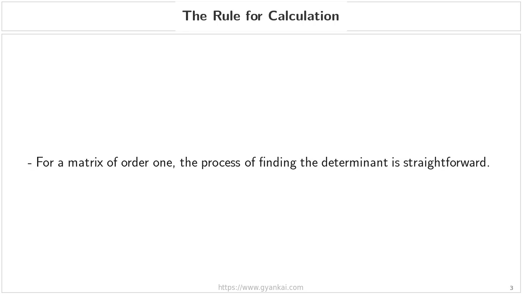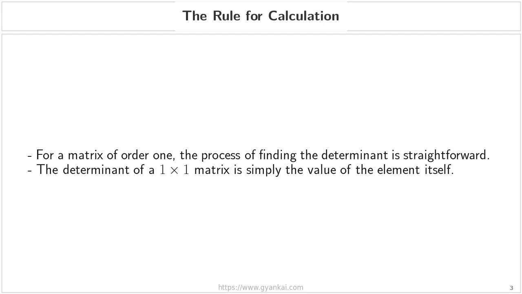The rule for calculation. Now that we have defined what a 1-by-1 matrix looks like, you might be wondering how we actually perform the calculation. The good news is, for a matrix of order 1, the process of finding the determinant is incredibly straightforward. In fact, there is no complex arithmetic involved here.